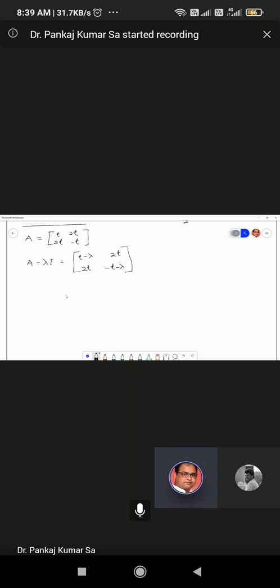Okay. So determinant of A minus lambda I becomes t minus lambda, if I take minus common, this becomes t plus lambda, minus 4t square.